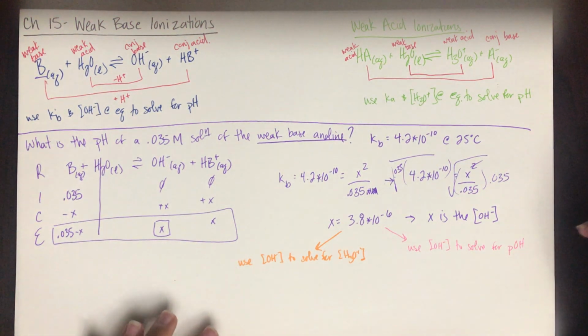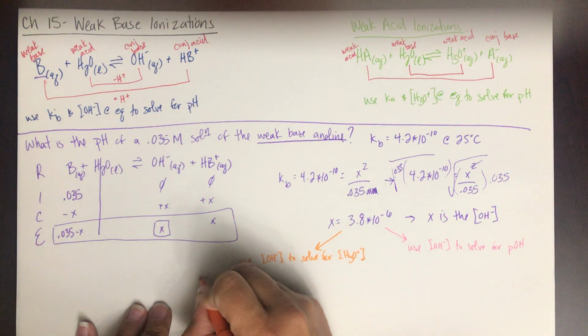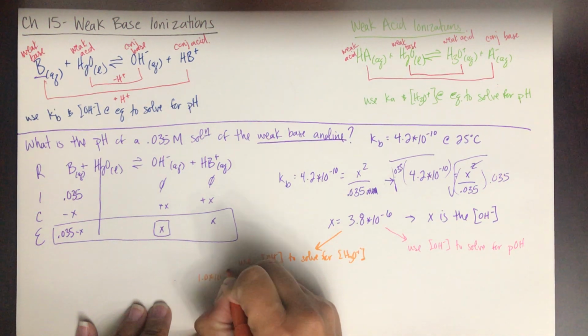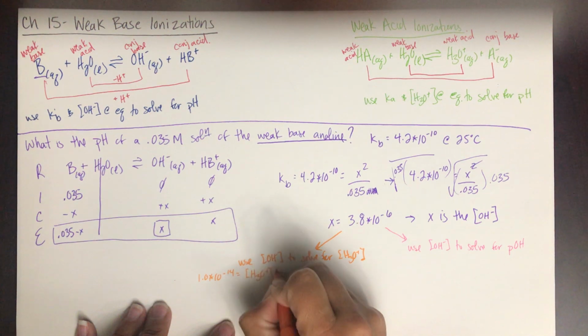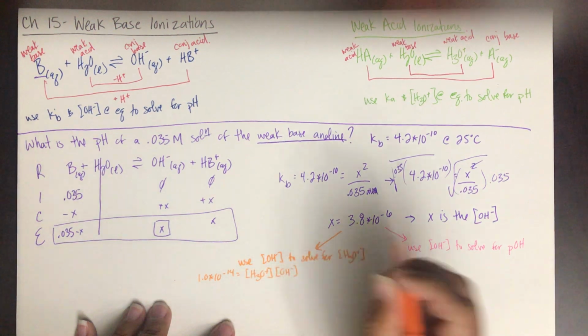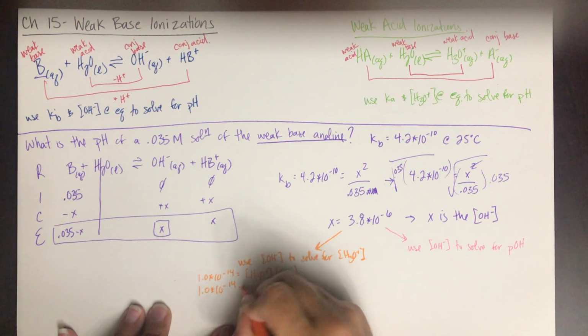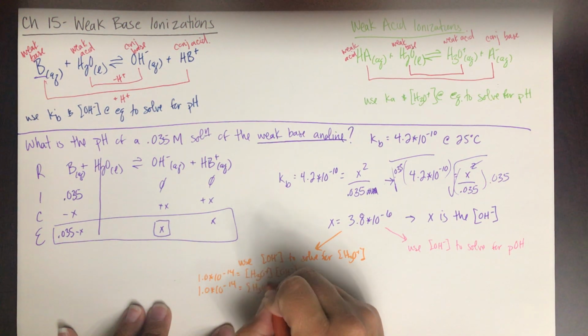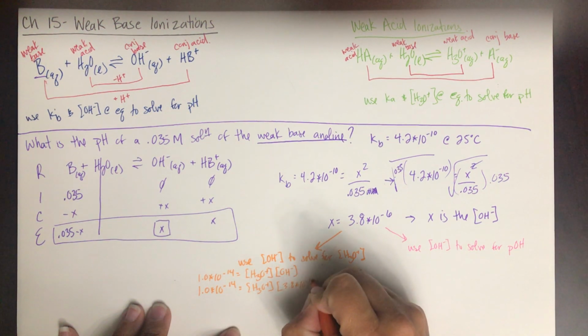Okay, so here I'm going to say the Kw of water is 1.0 times 10 to the negative 14th, which is the hydronium ion concentration times the hydroxide ion concentration. So 1.0 times 10 to the negative 14th equals the hydronium ion concentration times 3.8 times 10 to the negative 6th.